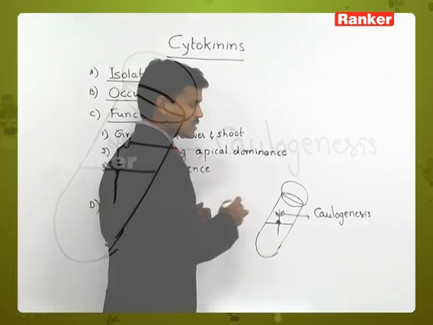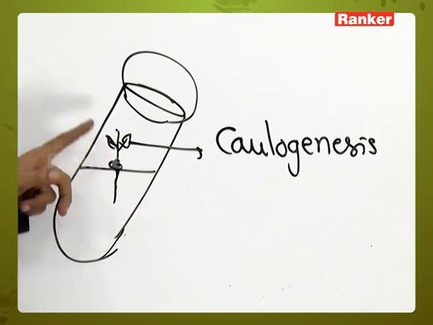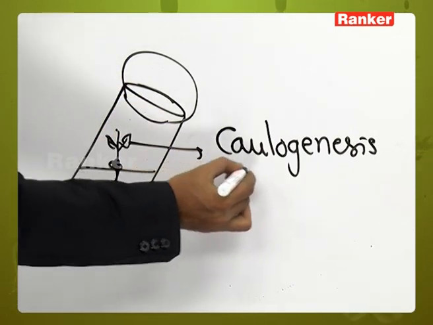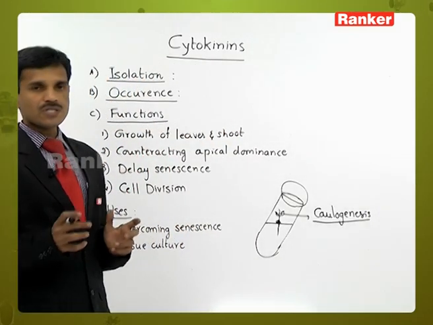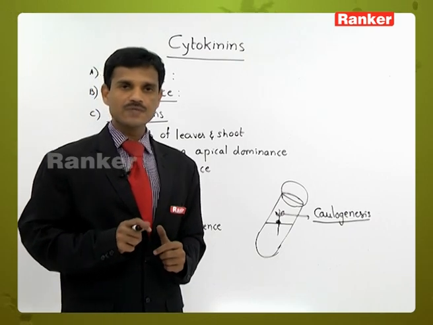The root formation is induced by auxins, and shoot formation is induced by cytokinins. So shoot formation is called caulogenesis. These are the physiological effects, functions and uses of cytokinins.